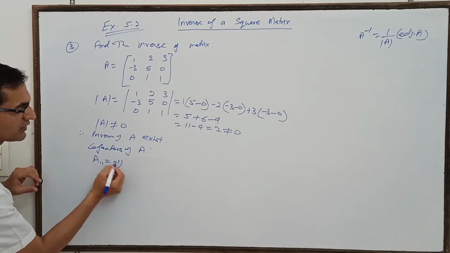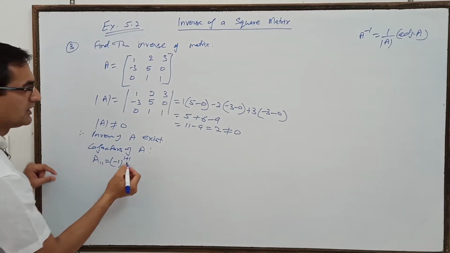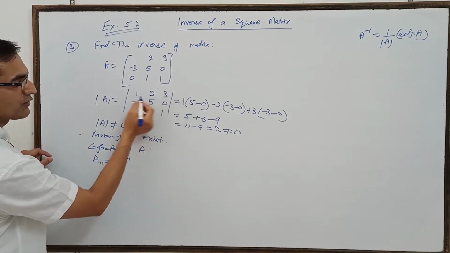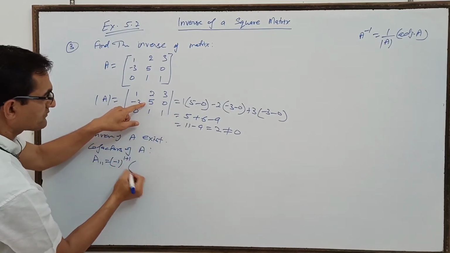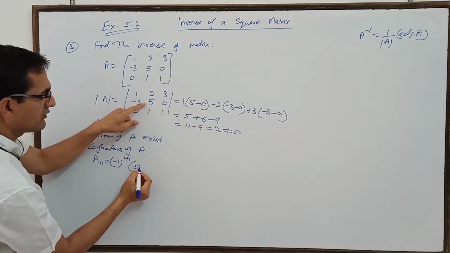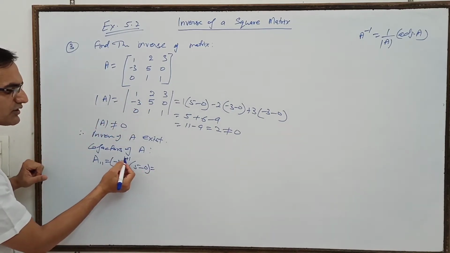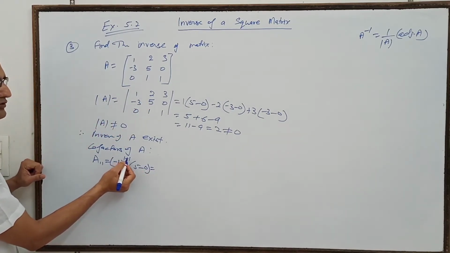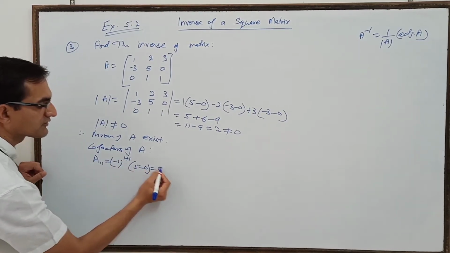Now minus 1 to the power 1 plus 1 into the determinant leaving this row and this column, the determinant of these four elements, 5 into 1 minus 0, and this is equal to minus 1 to the power 2. This is 1 into 5, this is 5.